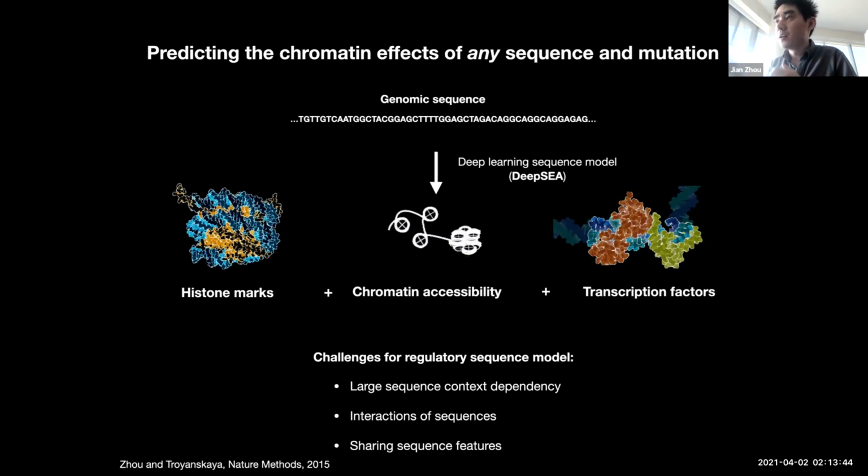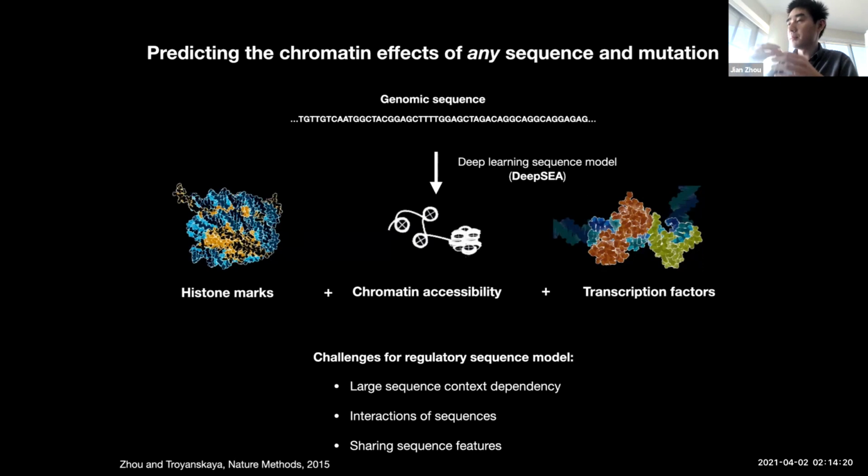And thirdly, because we are predicting all of those different transcription factors and chromatin properties, we would like to be able to share sequence features that are learned across all those tasks, because the sequence patterns that are predictive for the binding of one transcription factor can also be useful for predicting the binding of another relevant interacting transcription factor. Also, all of those proteins and histone marks are interacting with each other, so things that are informative to one could also be informative to the other.